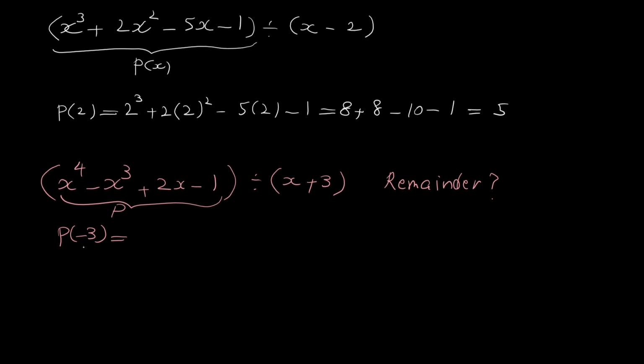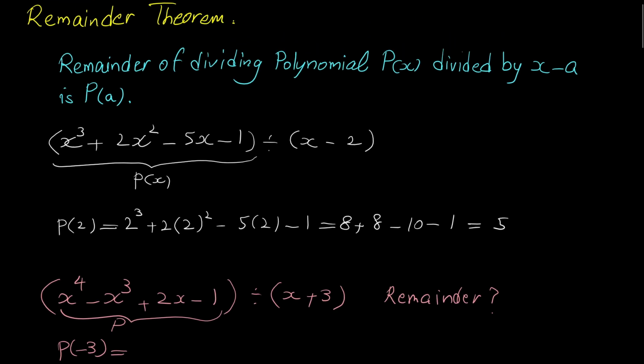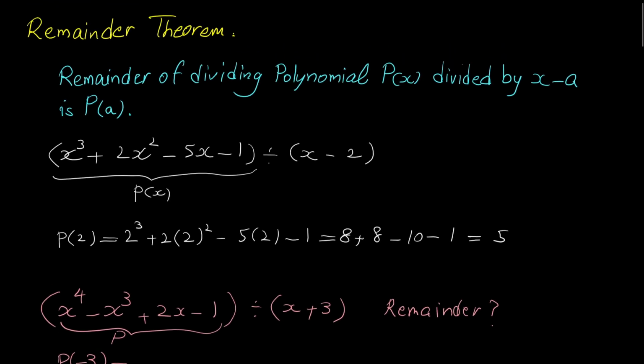Maybe you wonder why I plug in negative 3. Attention, based on the remainder theorem, if you want to know the remainder when dividing by x minus a, you plug in a. Here it is negative a, but you plug in a, the opposite sign.